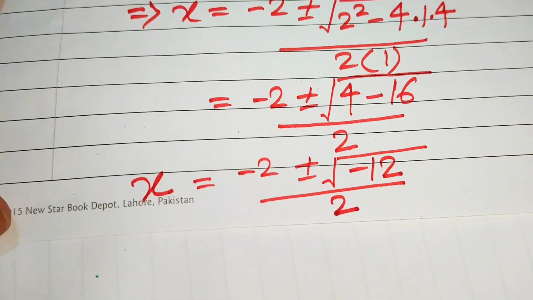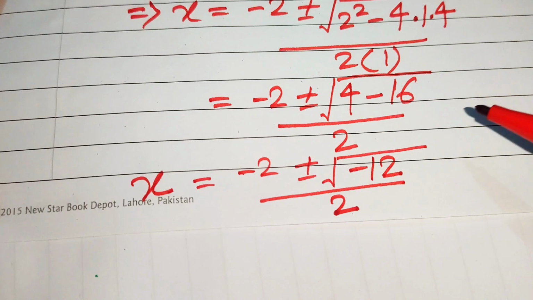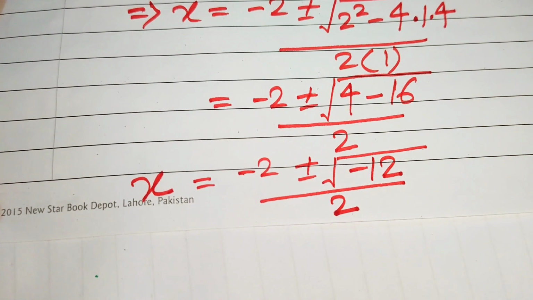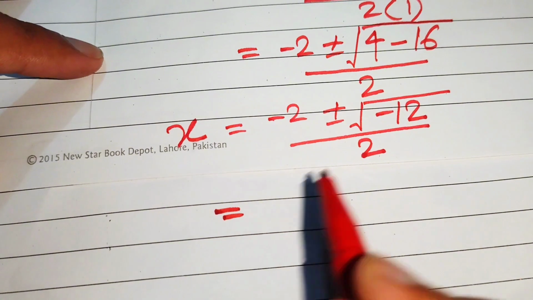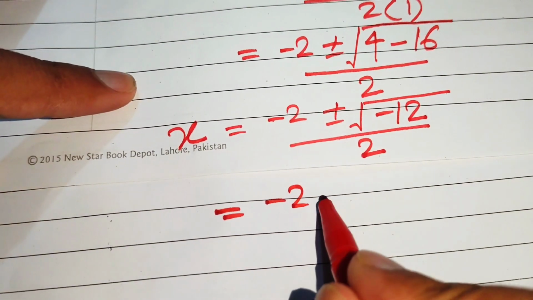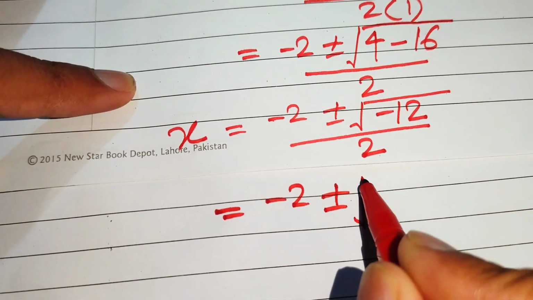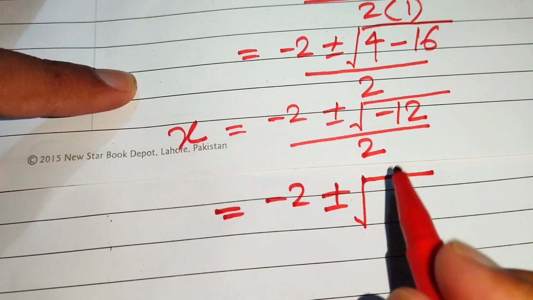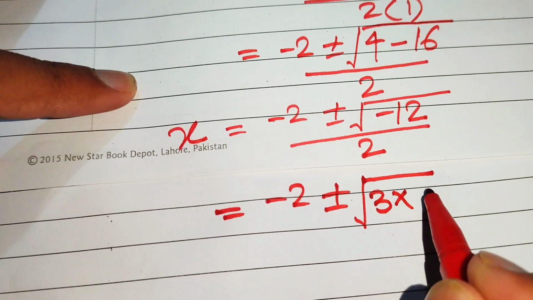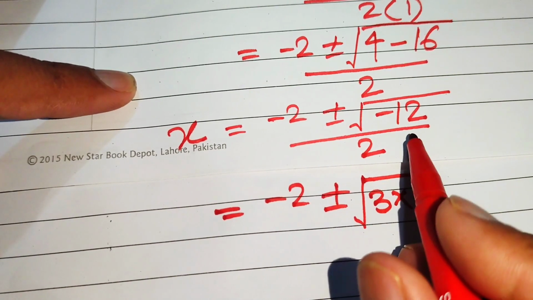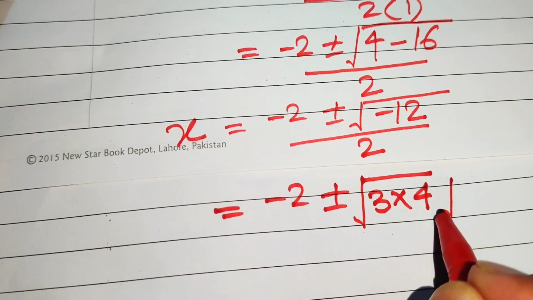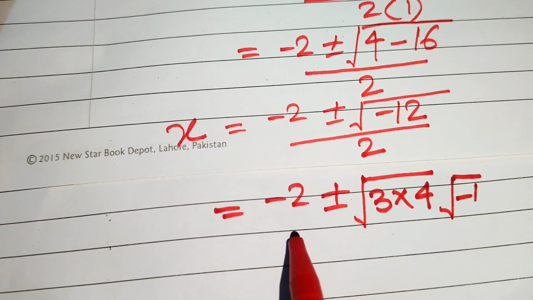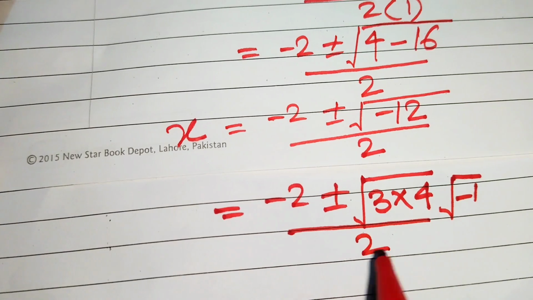We rewrite this −12 by writing 12 as 3 times 4. We know that 3 times 4 is 12, and we separate the square root of −1, and this is all divided by 2.